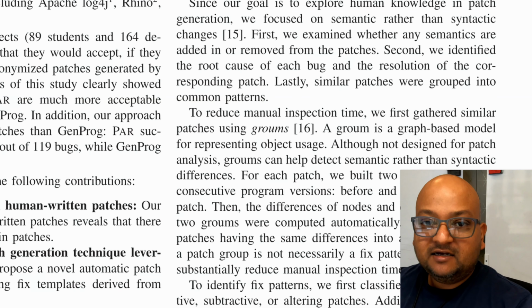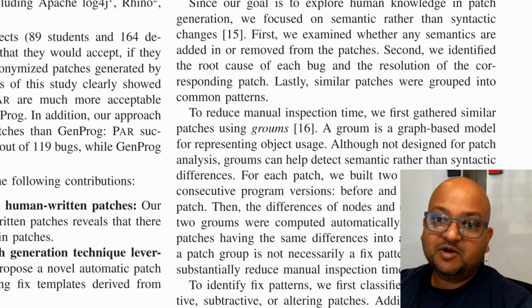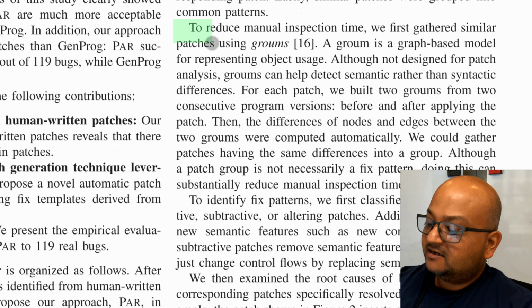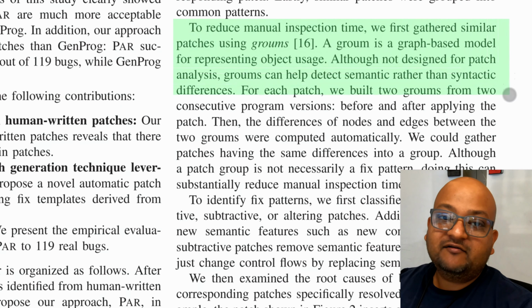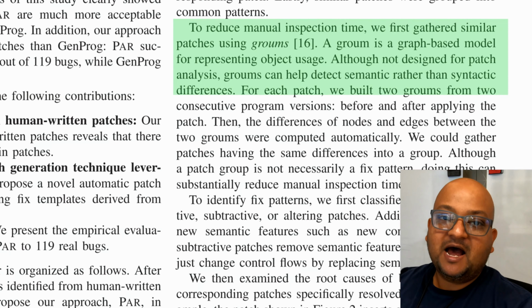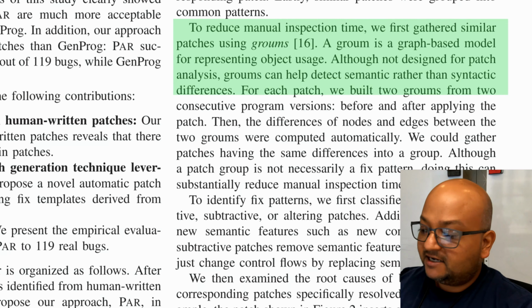Once they have this data set of patches, the next step is to try and extract some common patterns out of them. And the way they do that is to break the patches down to their graph-based model, and this lets them focus on the semantic content of the patch rather than its raw syntax.